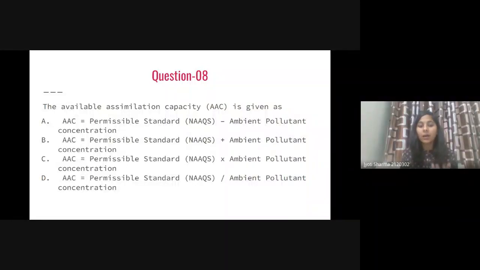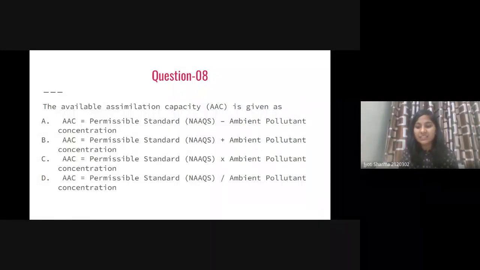It means you are crossing your permissible standard, so it will give you the adverse effect. Whatever was the capacity of your atmosphere to have that sulfur dioxide in your atmosphere, that will not give you the adverse effect. You are just crossing that. So if you subtract this ambient pollutant concentration from the permissible standard, then this will give you the assimilation capacity.